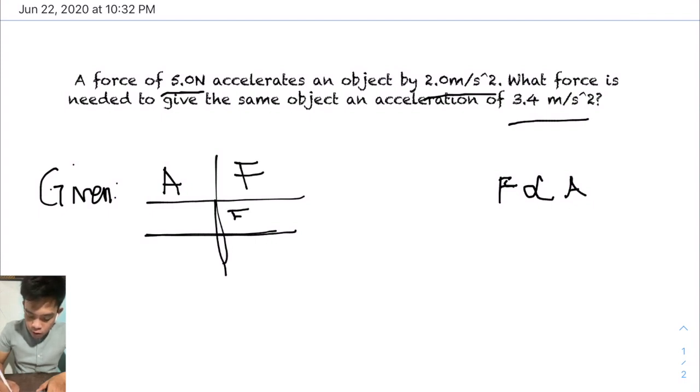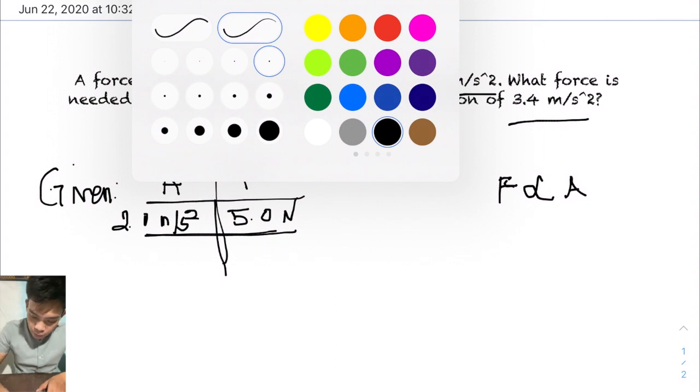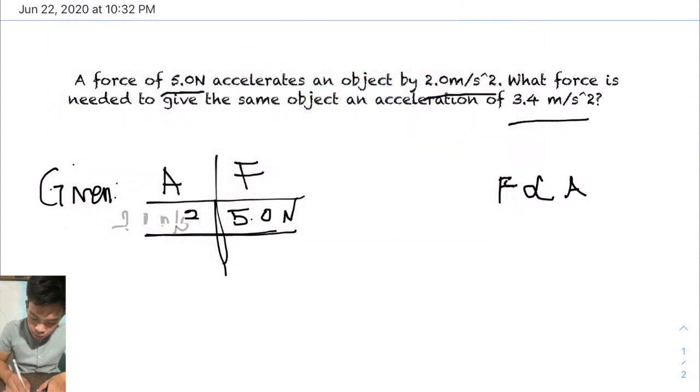The first force is 5.0 newtons with an acceleration of 2.0 meters per second squared.